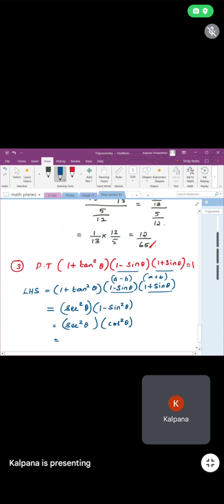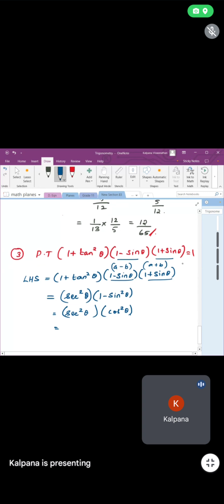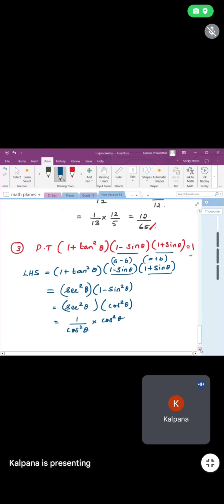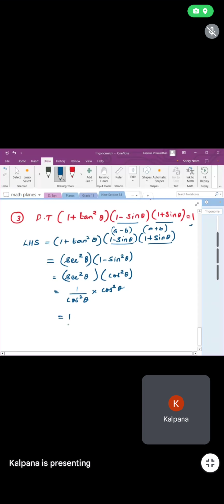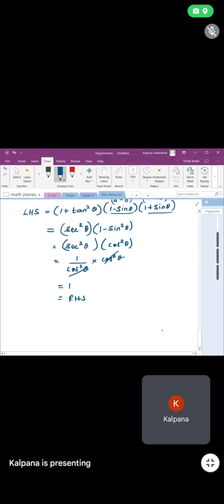Now we need to prove it is equal to 1. Secant square is nothing but 1 upon cos square theta; these both are reciprocal ratios. Into cos square theta, therefore the answer is equal to 1, which is equal to RHS. You can cancel these both. So you have started and proved. Okay, next question.